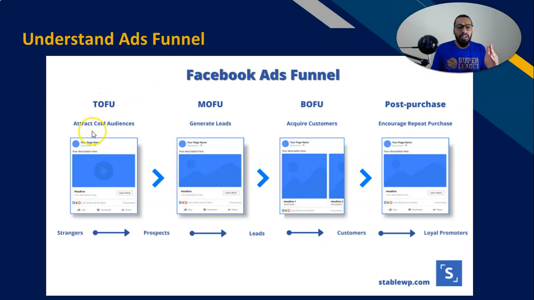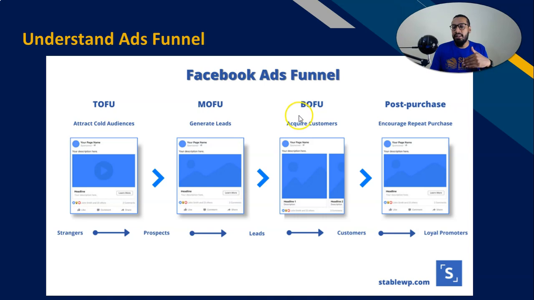At the top of the funnel, you attract a cold audience. So what is a cold audience? A cold audience is the audience that has never connected with your product or service, or you can say your brand or maybe company. These are the strangers. After attracting the cold audience, in the mid of the funnel, you generate leads. The strangers get into the prospects area.